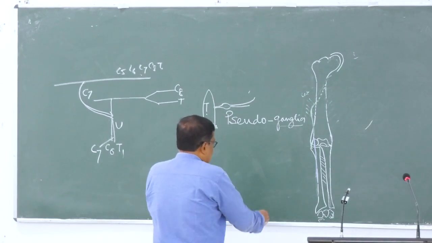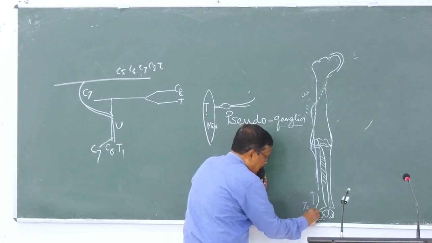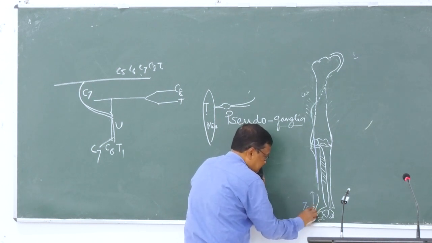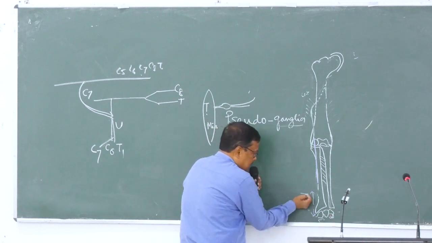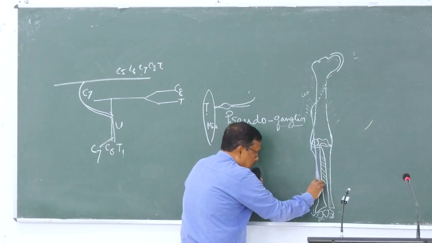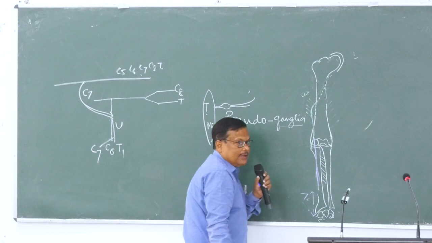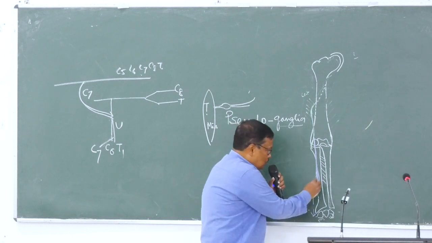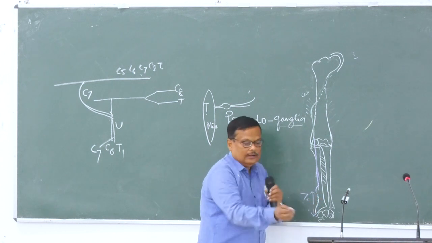Then it passes, about 7 centimeters above the wrist joint, more or less anterolaterally, the lateral part of the anterior region. It winds round the lateral border of the forearm and goes posteriorly.